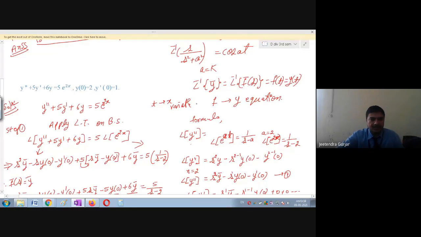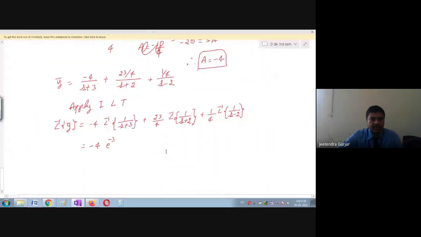Therefore, one can change this instead of t. We'll take this as minus 4 e raised to minus 3x plus 23 upon 4 e raised to minus 2x plus 1 upon 4 e raised to 2x. So this is your y of x. This is your answer, students.